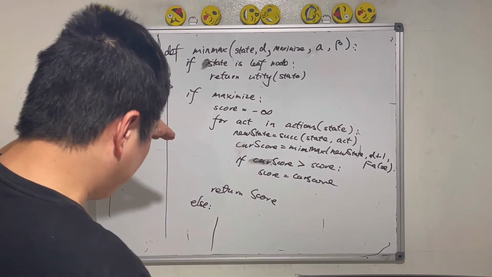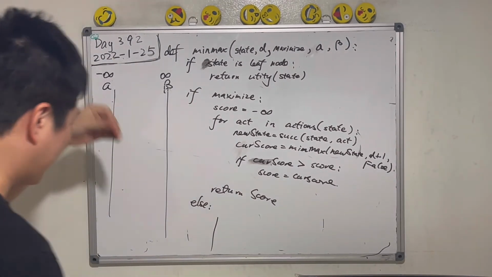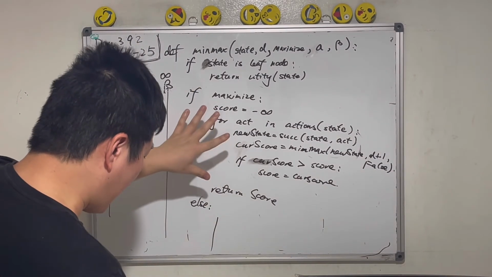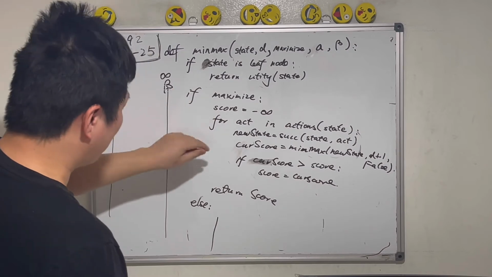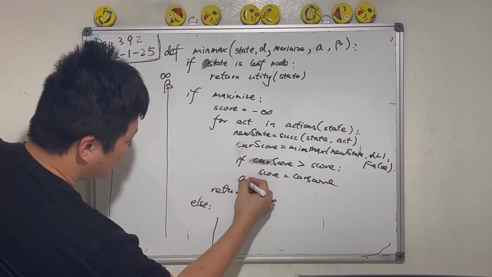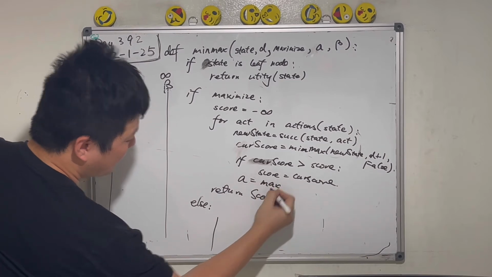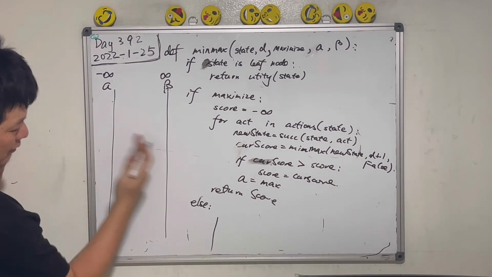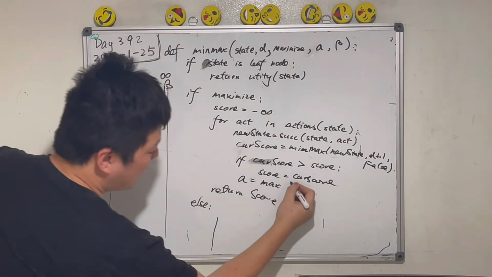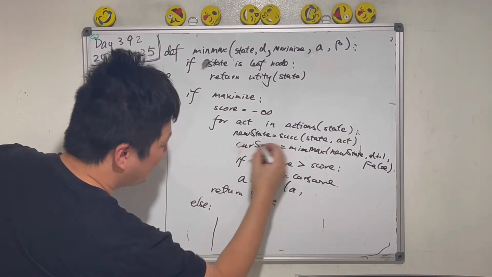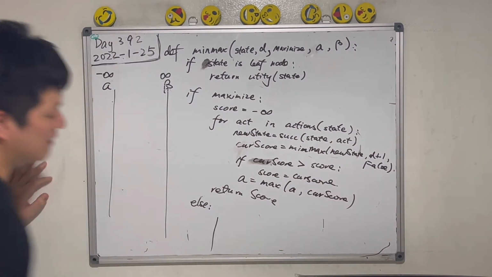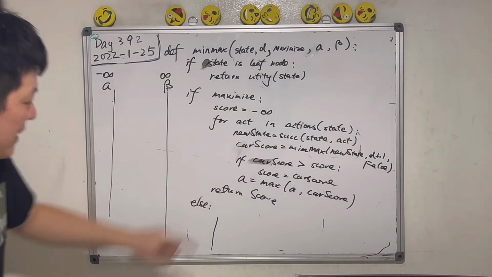First of all, alpha will be the maximum of alpha and the value. So if I put it here, I can change alpha equals max of alpha and the current score. I will keep updating because this is the maximizing.